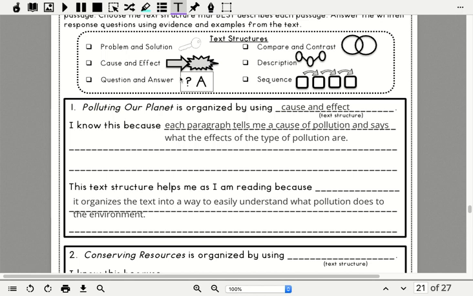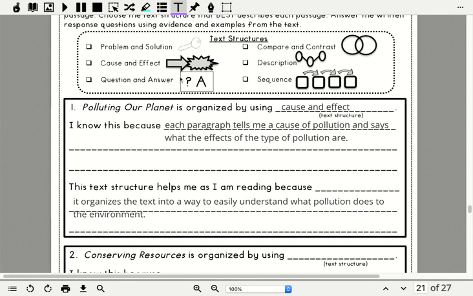So we have the introduction, we have how can I reduce, how can I reuse, how can I recycle. Okay, and it tells us at the beginning what our problem is, but I need to see if I can find solutions for that one. So it tells us that solution is the problem. So let's see if it gives us some solutions.